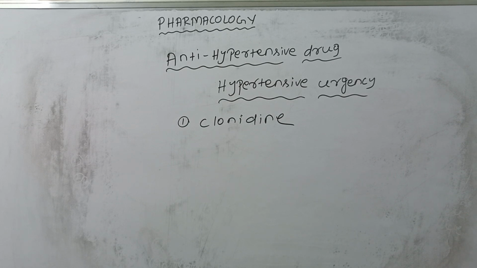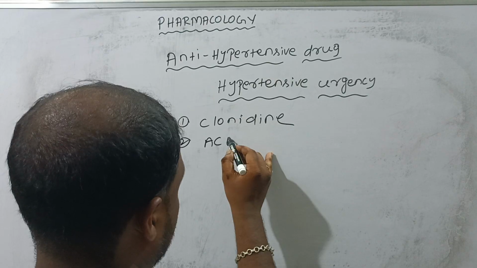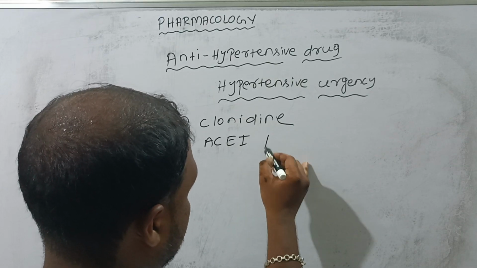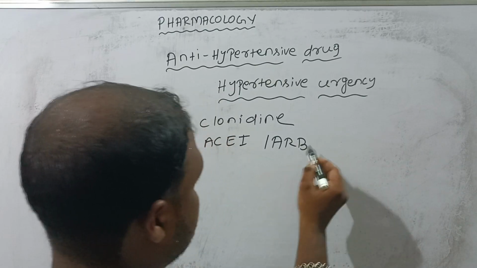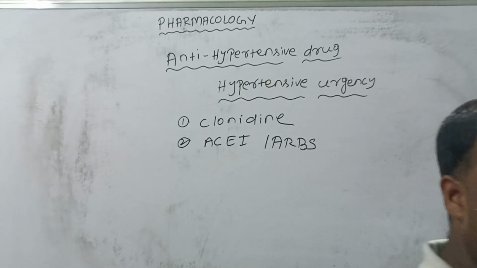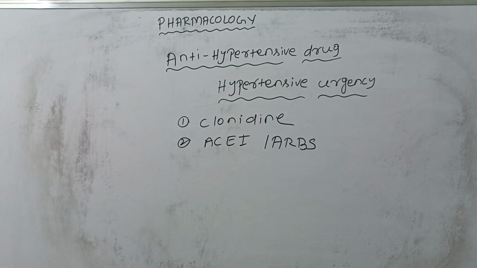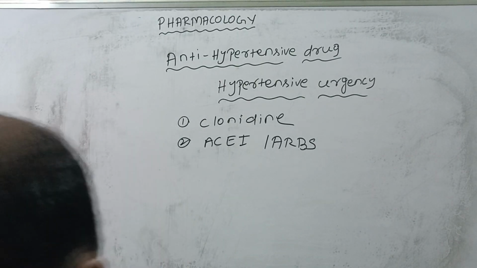Then the ACE inhibitor, like enalapril, then ARBs, like telmisartan.